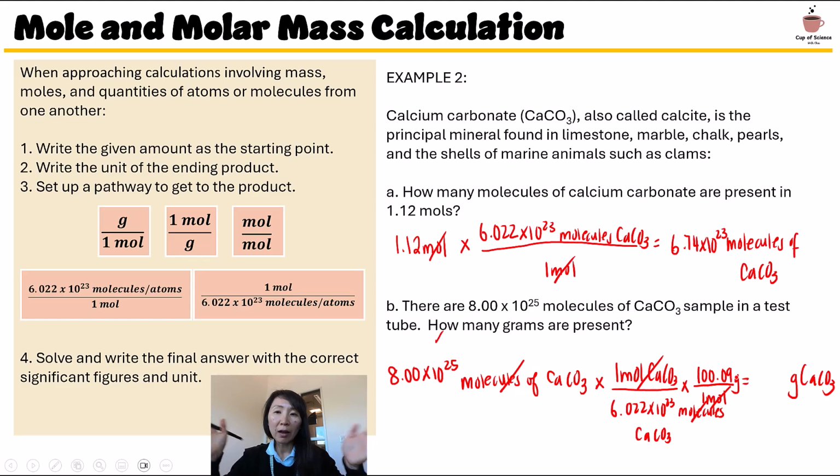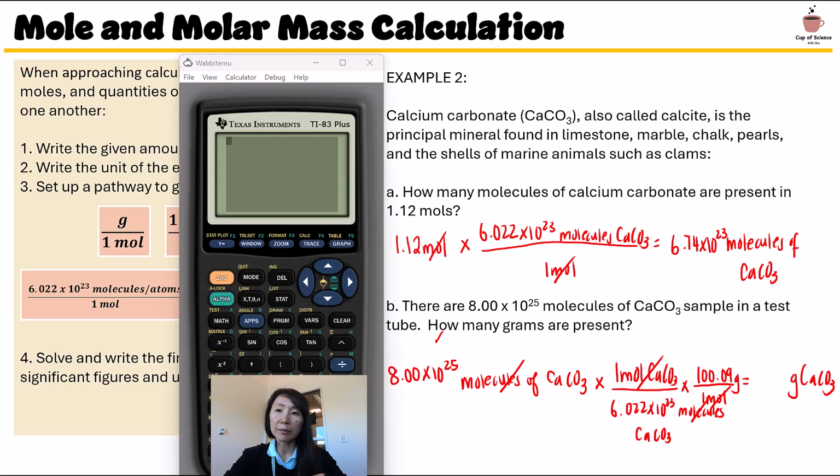Now we got a lot of values here, and then we can go into calculating grams. So I'm going to put parentheses 8.00 times 10 to the 25th. And then I'm going to multiply that by 1, which is that 1 mole right here.